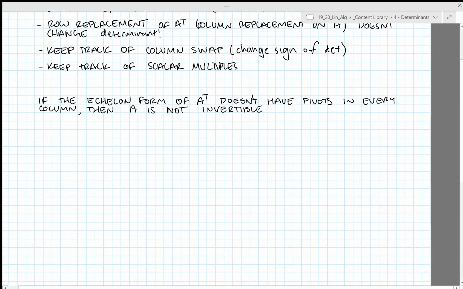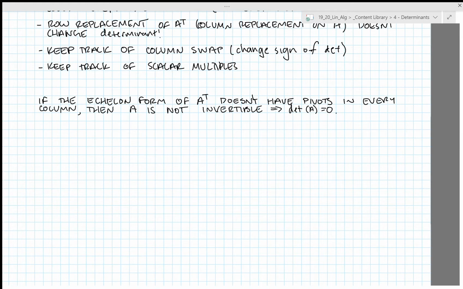And if A is not invertible, we know that det A equals 0. We know this because if you don't have a pivot in every column, then you're not invertible.